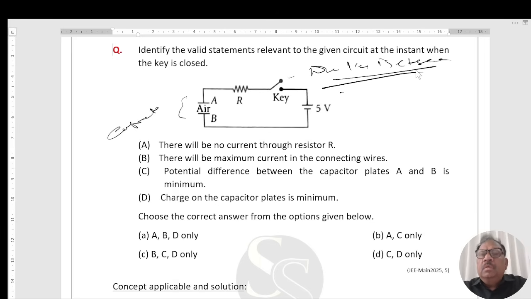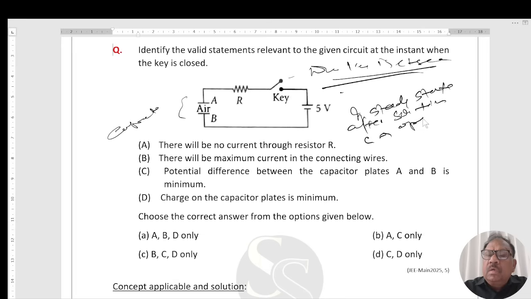When key is closed, current will start flowing, circuit will be closed, and in the steady state, after some time, capacitor will become open circuit, current will not flow, right? But initially, as it will close, current will flow through this. There will be maximum current in the connecting wires, correct.